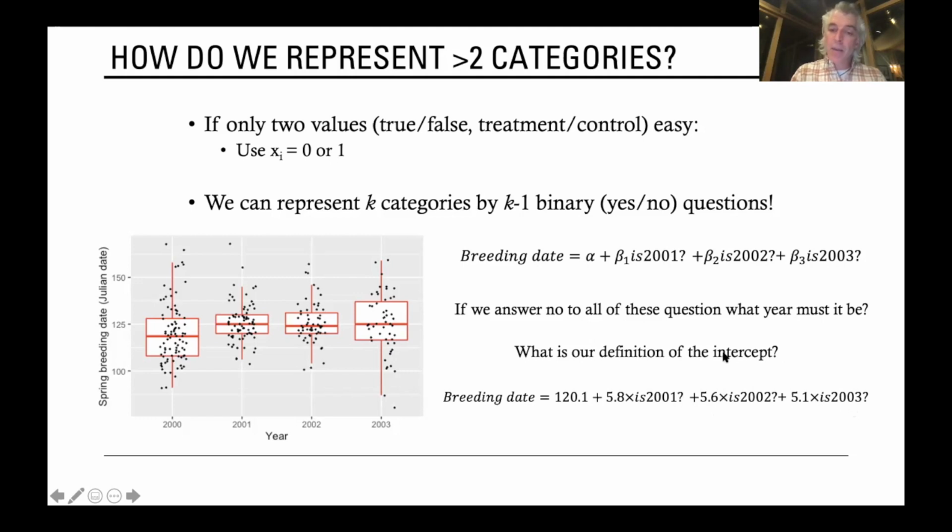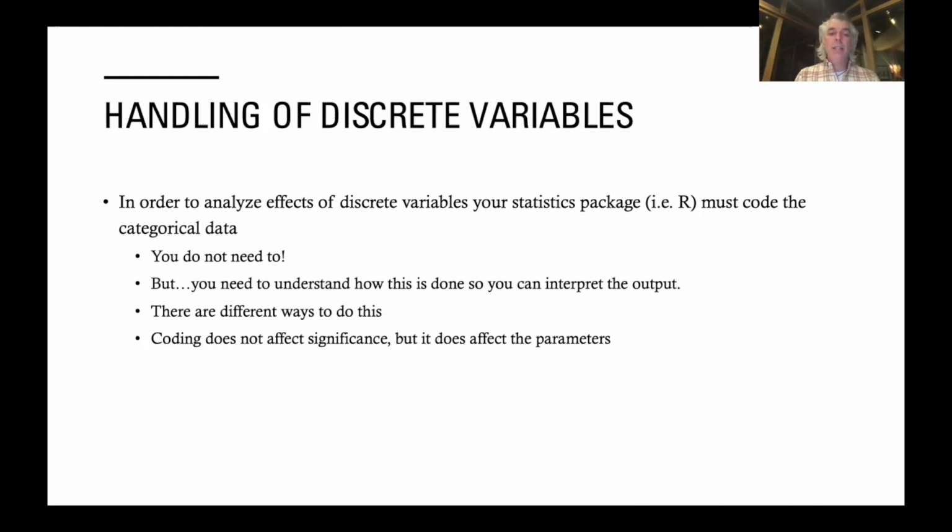And doing this same procedure then, we can calculate predicted values or describe each observation in this data set by its breeding date, this linear model, and then the residual term at the end. So in order to analyze the effect of discrete or categorical variables, your statistical package needs to recode these categorical data. You don't need to do any recoding.